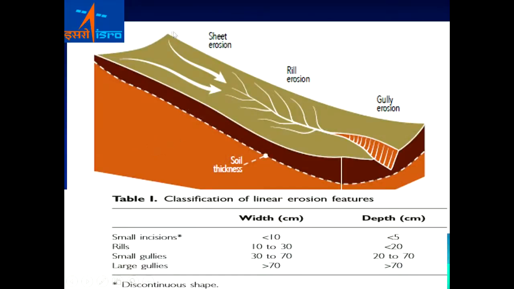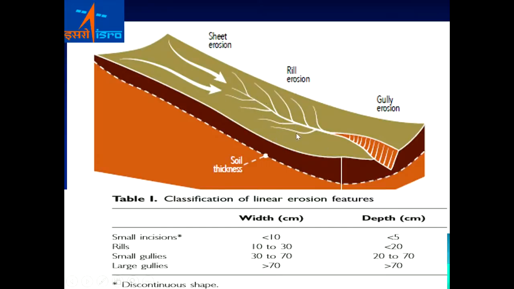If a sloping land is there, then when raindrops fall and flow from the top of the hill slope, there you will mainly get sheet erosion. When it goes and gets concentrated into depressional areas, it forms rill erosion.